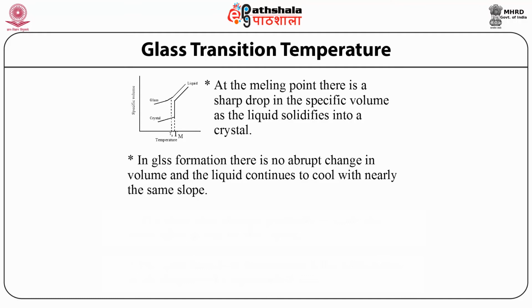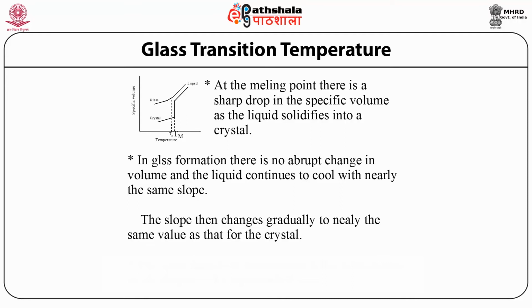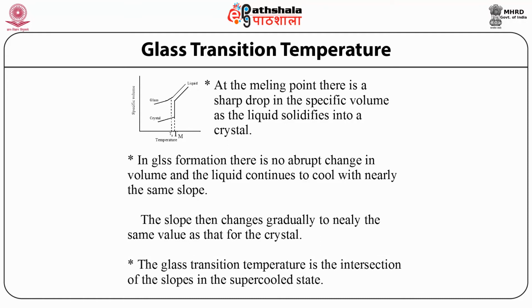In this state, the liquid is called the supercooled liquid, and this is followed by a range of temperature in which the slope changes to nearly that for the crystal and the material becomes a rigid solid or a glass. So the glass transition temperature, Tg, is defined as the temperature of intersection of the slopes in the supercooled state and in the glassy state, which can be seen in the figure on the left hand side.